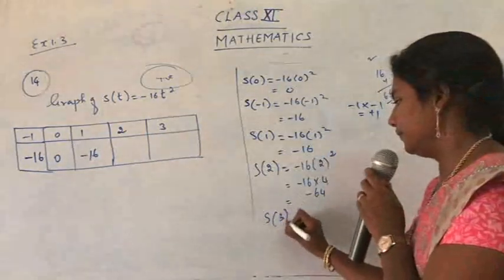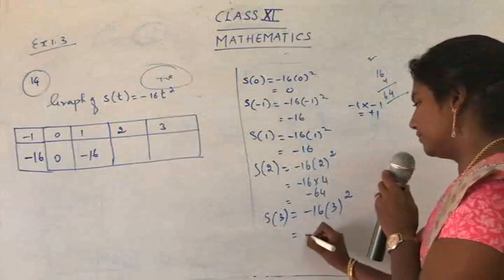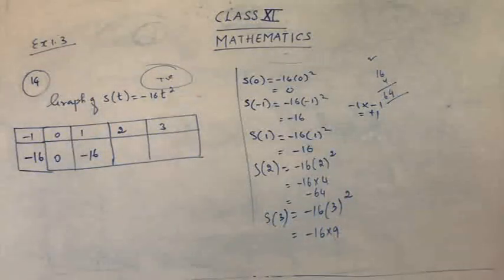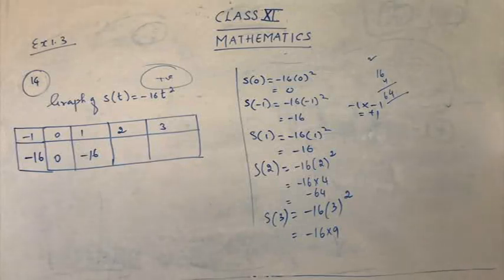S of 3 is minus 16 into 3 square, so minus 16 into 9. Find out the answer for minus 16 into 9. We found the answer. Write down the answer here.